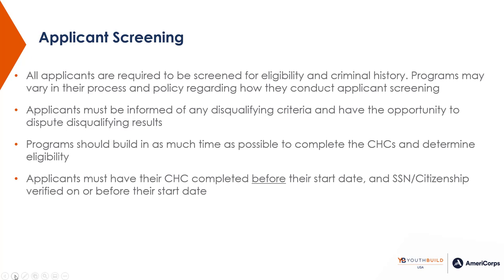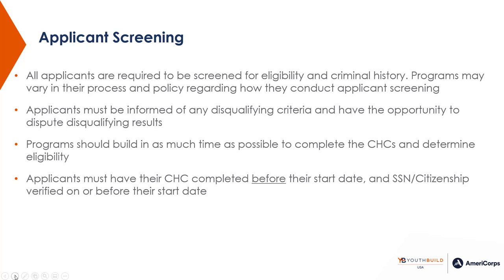In terms of screening, just some things to be aware of, that they need to be screened for eligibility and criminal history, and you can add additional requirements to the process. So we're going to go over the basic requirements, but you as a program may say that there are additional requirements to join your program, but that is something that you need to make sure that you have in writing and that the applicant is aware of, because under AmeriCorps they do have the opportunity to challenge disqualifying criteria, especially around criminal history checks.